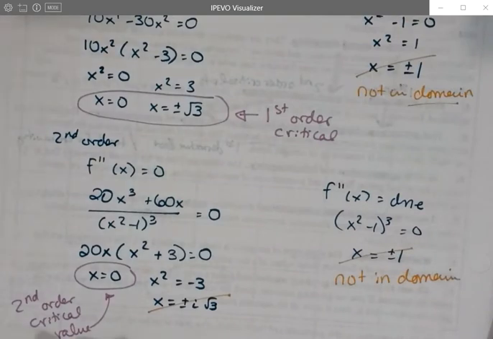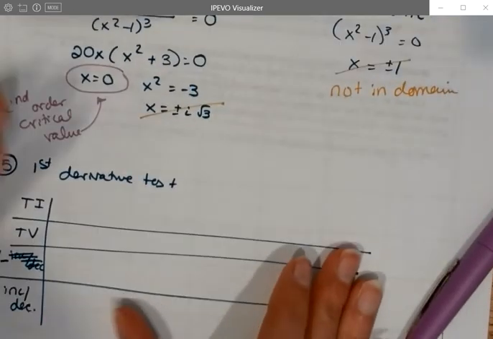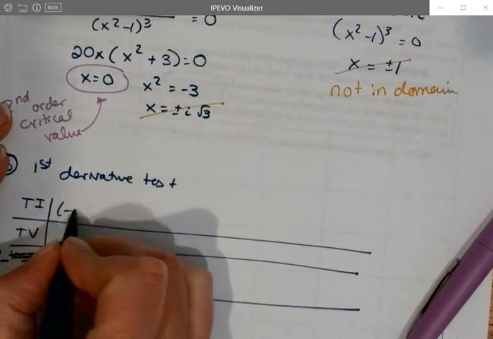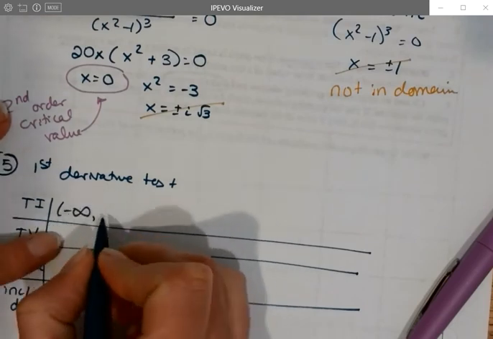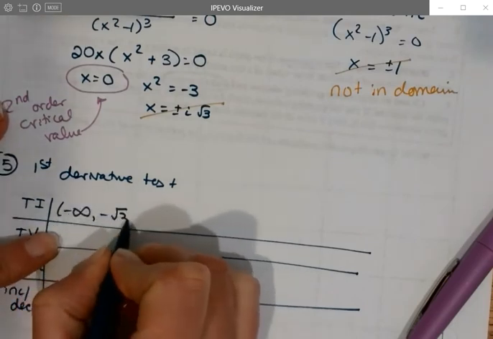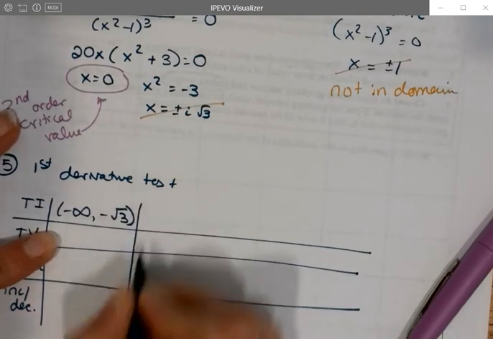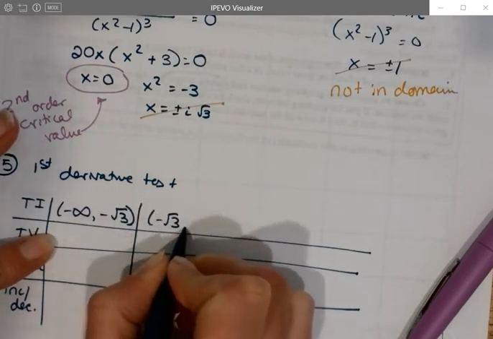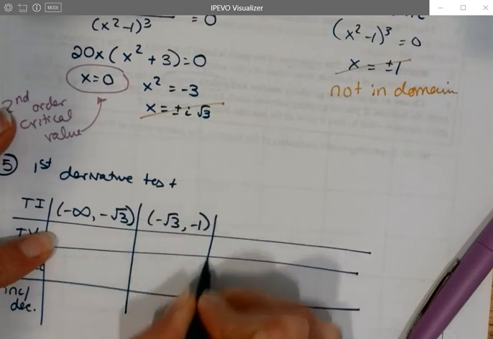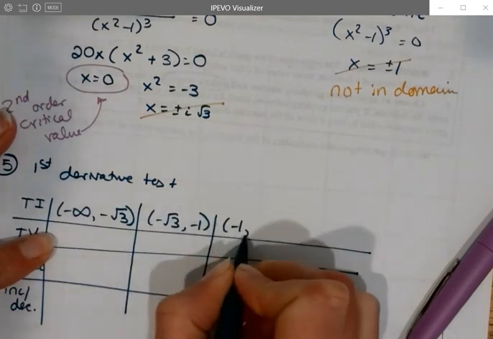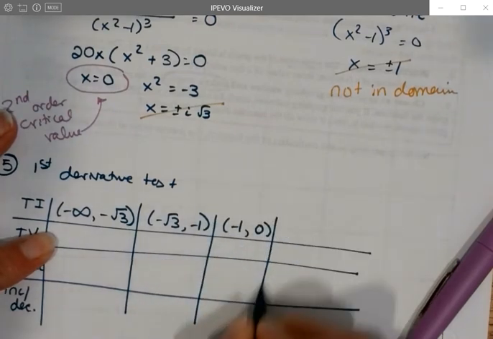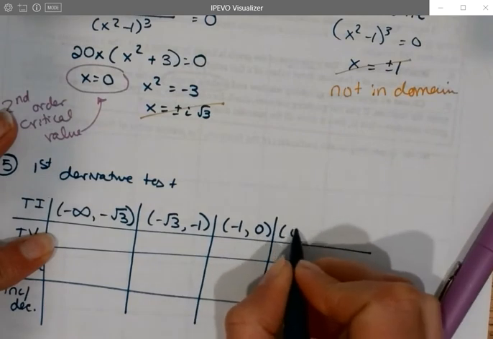So my first interval will be from negative infinity up to the smallest critical value of -3. Then we're going to go from -3 to -1, partitioning that domain. Then we're going to go from -1 to the next critical value of 0. Then from 0 to 1.